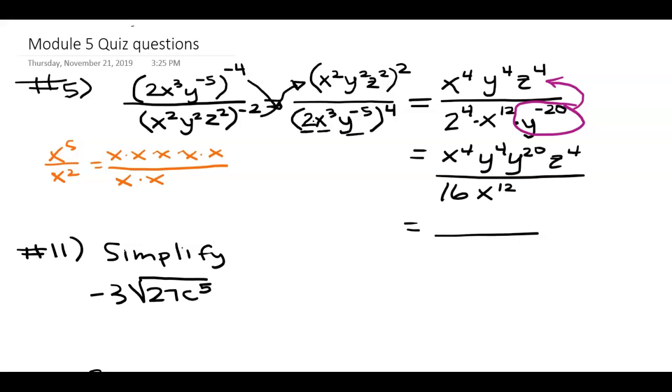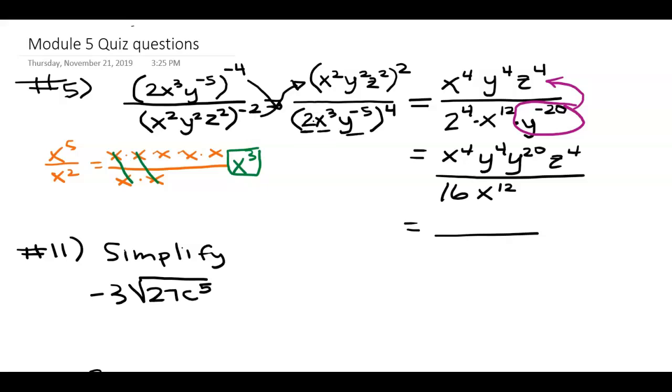Remember that I'm dividing things out. x divided by x is 1, x divided by x is 1, and then I'm left with 3 x's on the top. So my answer is x to the 3rd. Notice there were more x's on the top than on the bottom. How many more? There were 3 more.